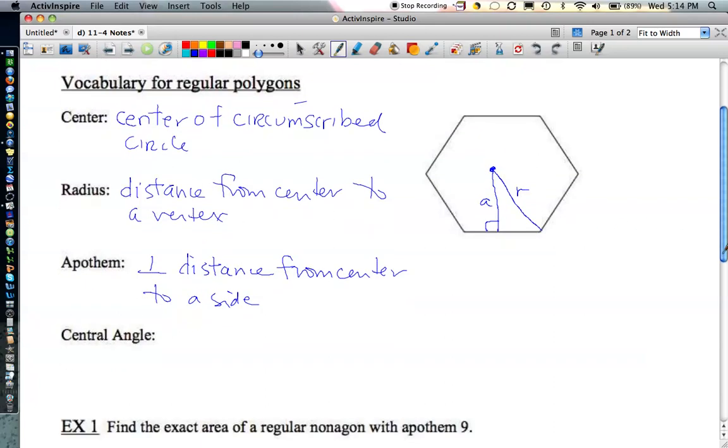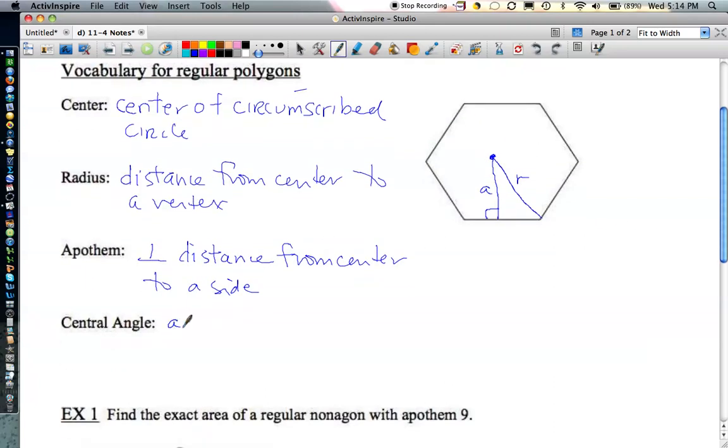The central angle is an angle formed by two radii drawn to consecutive vertices.